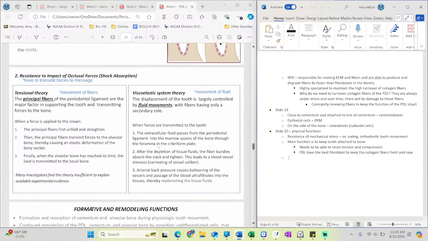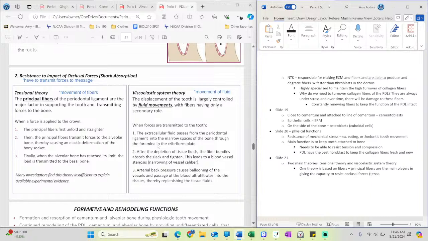Regarding the capacity to absorb occlusal forces, there are two main theories. You just need to remember this part here. One theory is completely based on fibers. The tensional theory says that the principal fibers are the main players in giving that capacity to resist occlusal forces.